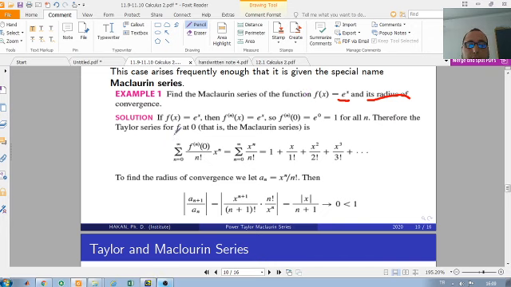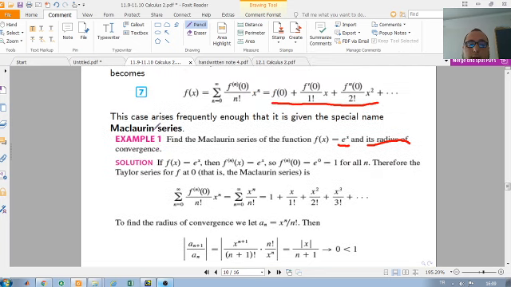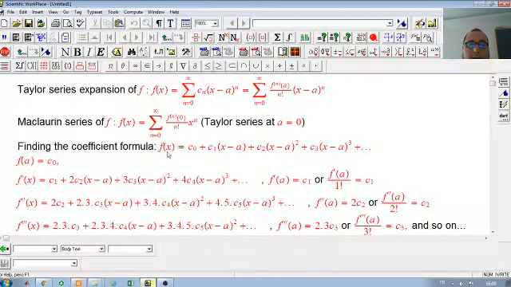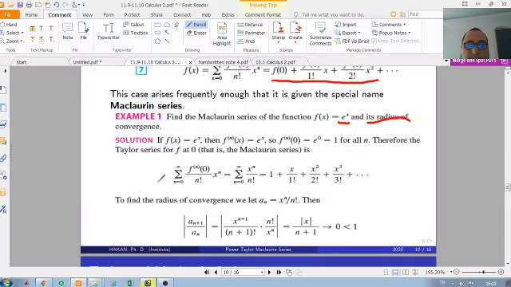According to the formula, we have to first find the coefficients for the Maclaurin series. It is written here. Namely, we have to find the nth derivative at 0, and we can find it easily.